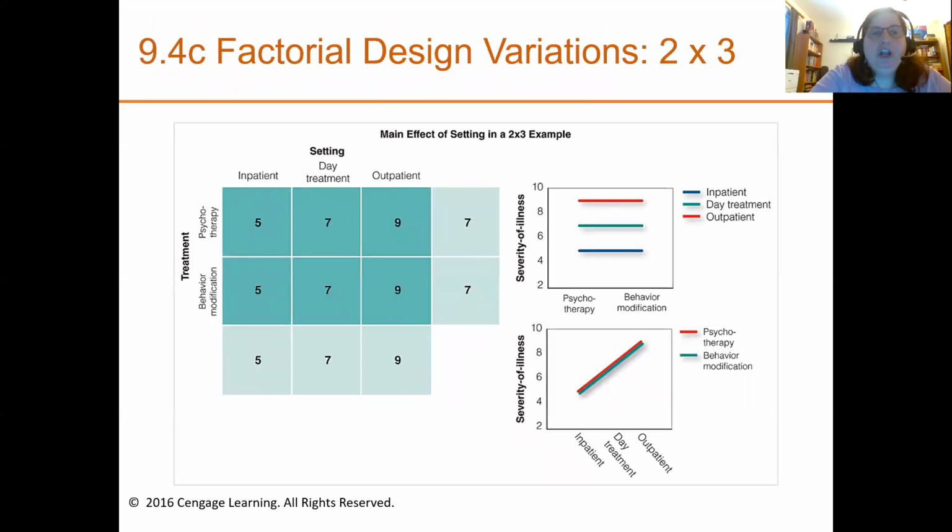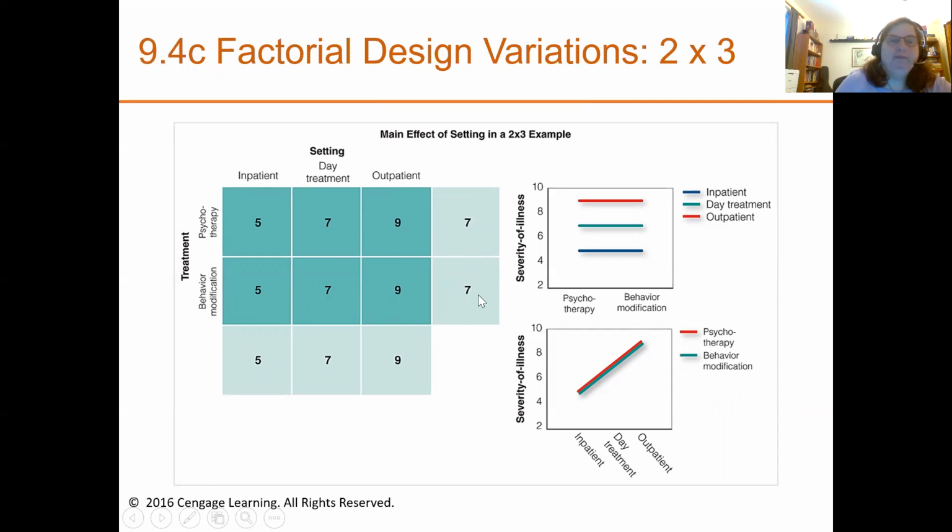To show you what I mean, here's a factorial design with a 2x3. In this case, we're talking about different settings: inpatient, day treatment, and outpatient, and 2 different treatments, either psychotherapy or behavior modification. If I look across here, there's no difference between psychotherapy and behavior modification.